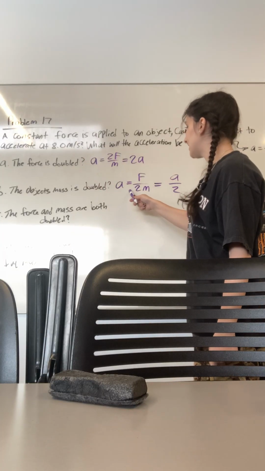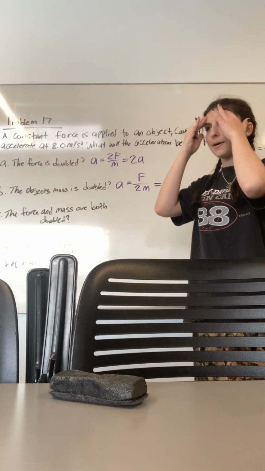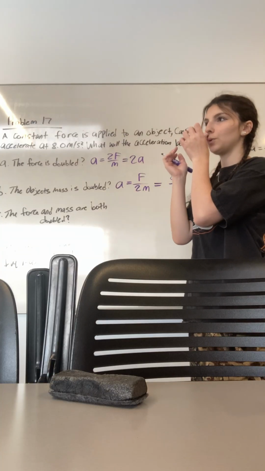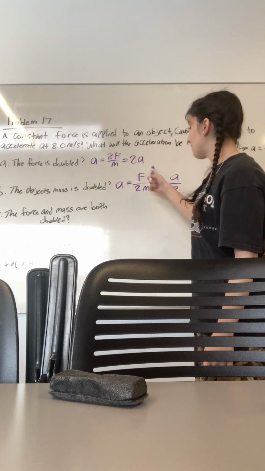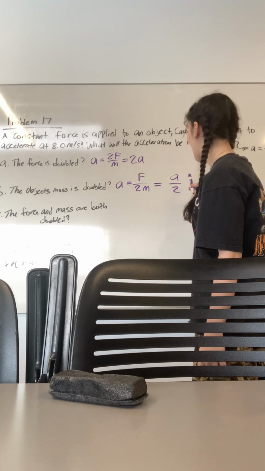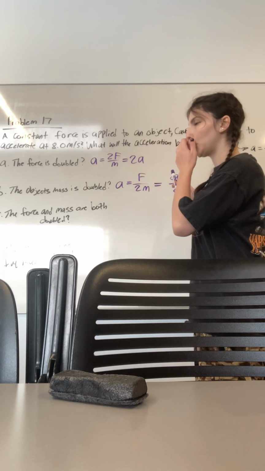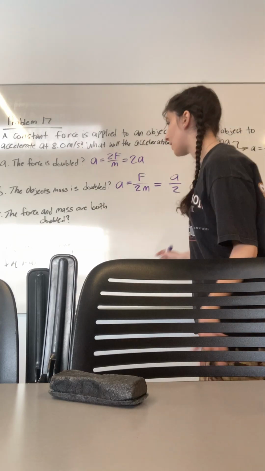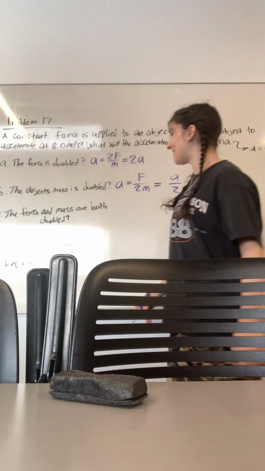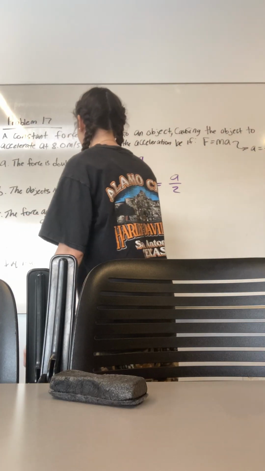If you look at it in this equation, it makes it a little easier to visualize. When you do this math, you'll end up cutting your acceleration in half, ultimately.